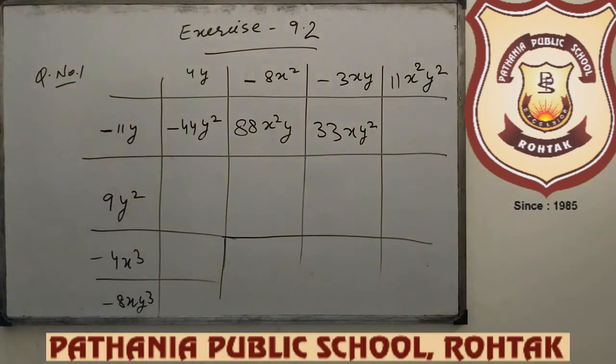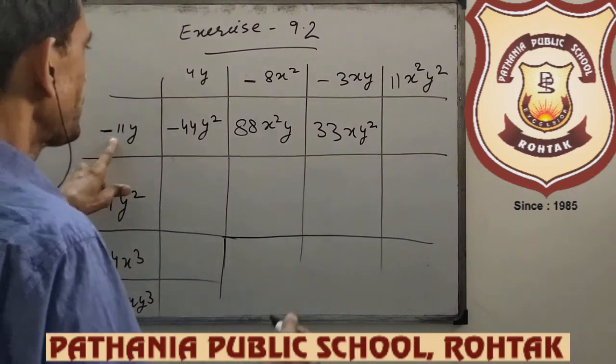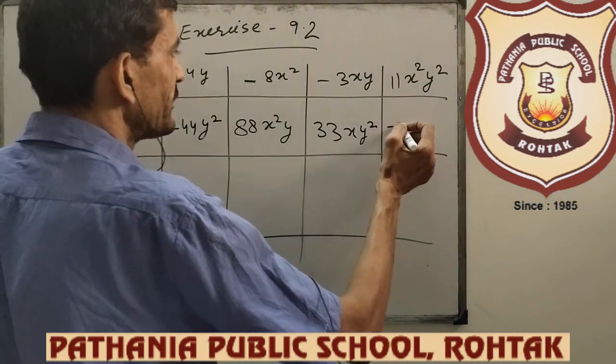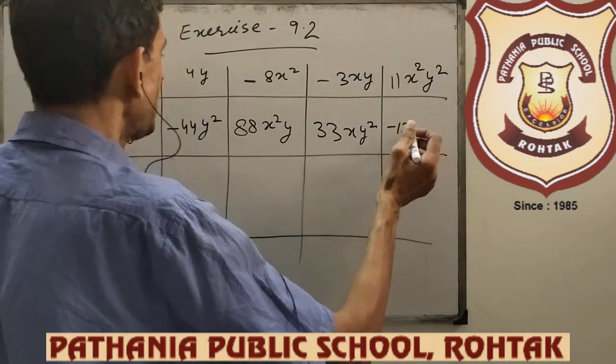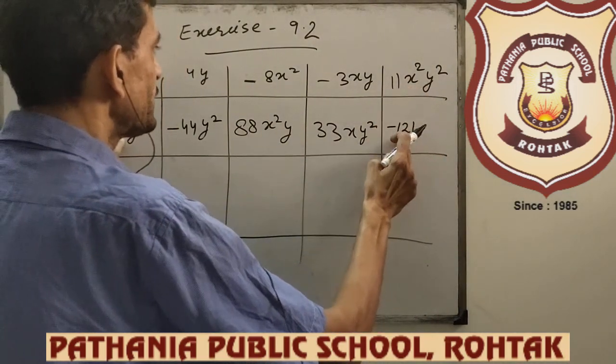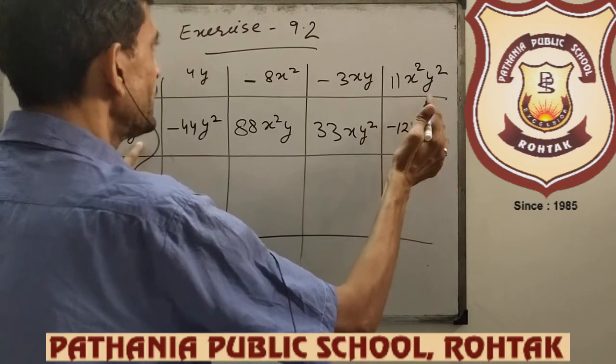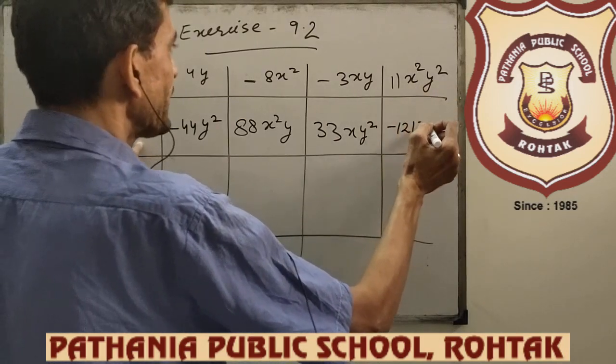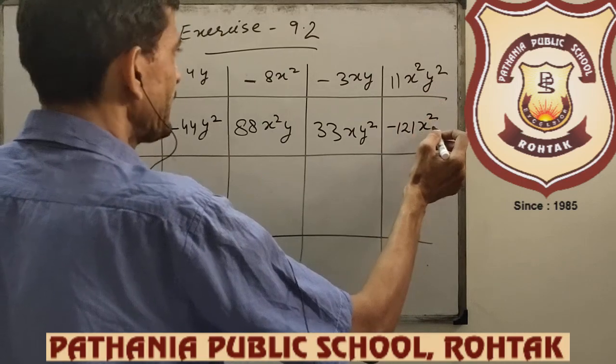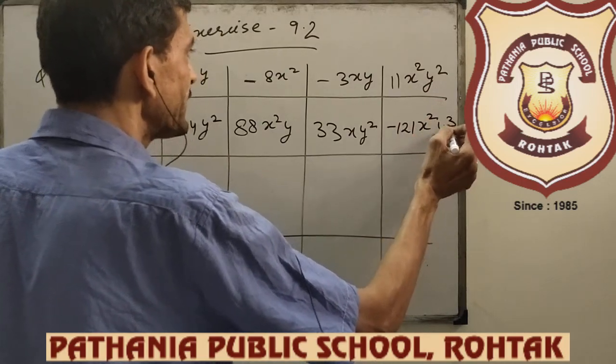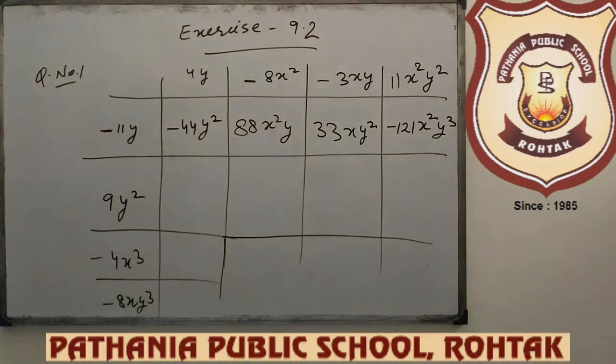When we multiply the variables, if the variables are the same, then add the powers. Now minus 11 into 11, minus into plus is minus, 11 into 11 is 121, then multiply the variables, x square as it is, y into y square is y cube, y raised to the power 3.